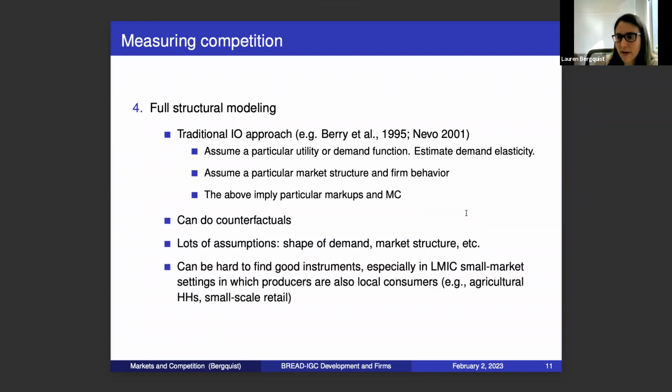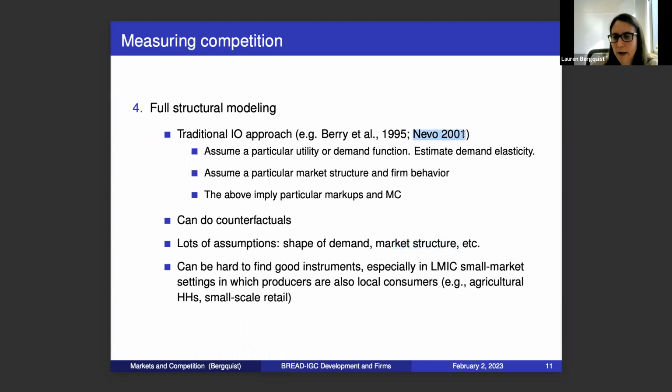Now, of course, the benefit here is you know everything, so you can do lots of counterfactuals. The downside is there's lots of assumptions. You're assuming the shape of demand. You're even assuming market structure, right? So if the goal is to identify the market structure, this is not a fruitful approach. I will say, in fairness, not all these papers do this.